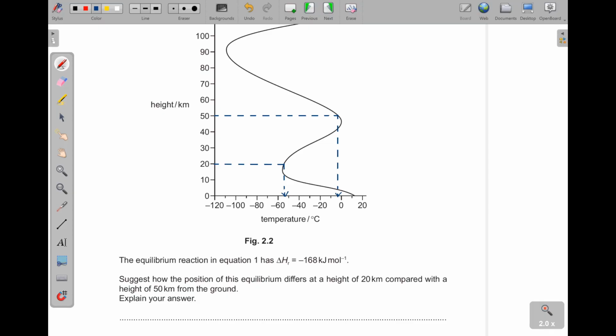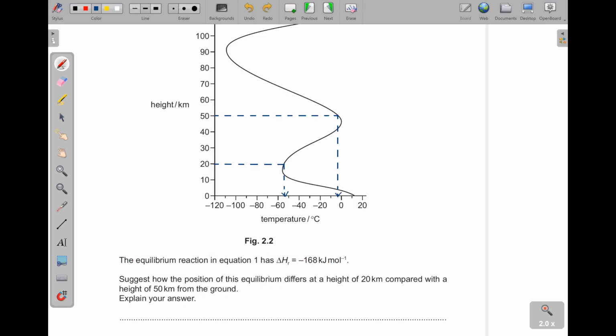So we are seeing that at 50 kilometers, the temperature here is higher than this one here when it is at 20 kilometers. So the temperature is lower. And they say that the equilibrium reaction here has the delta H of reaction negative 168.